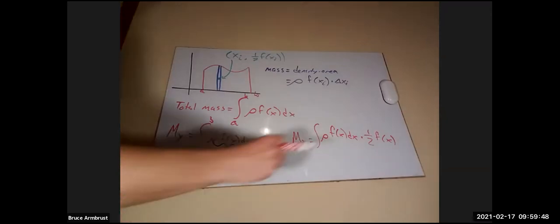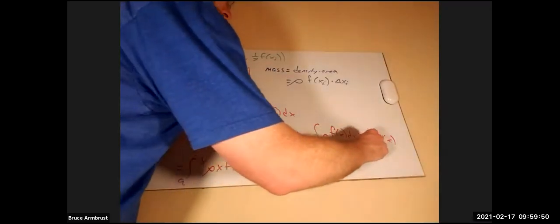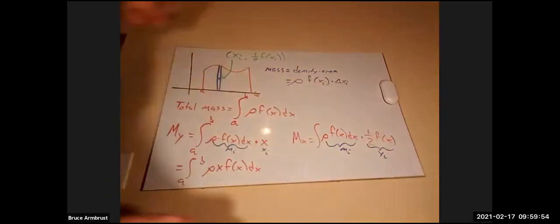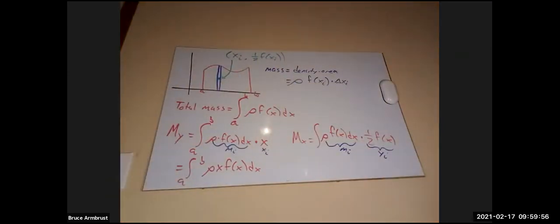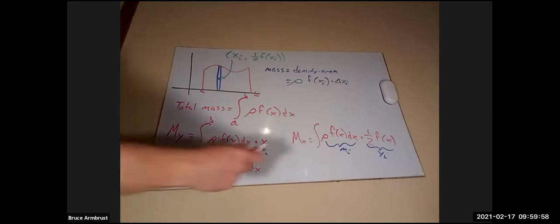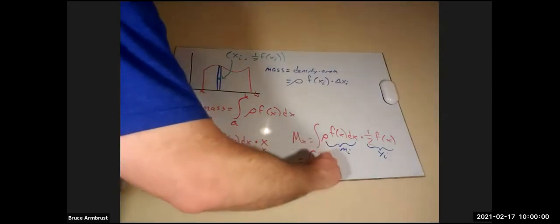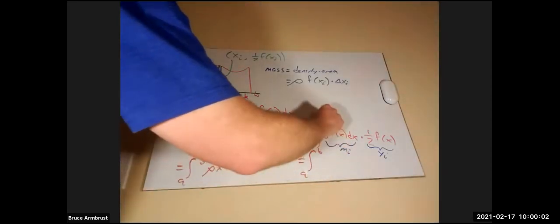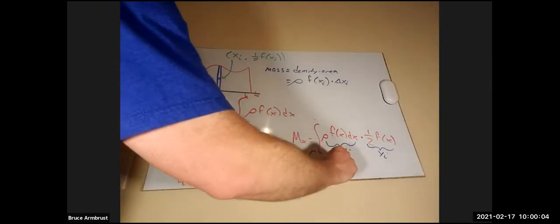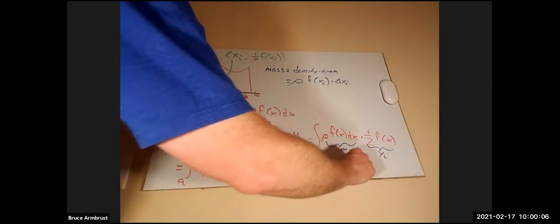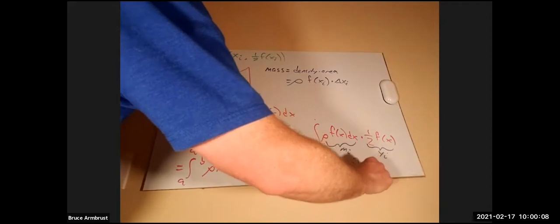Again, just like before, this is mass times y. It just looks a little bit different. So we can put that all together, and we get the integral from a to b of 1/2 rho f of x squared dx.